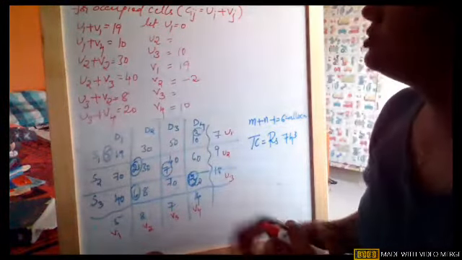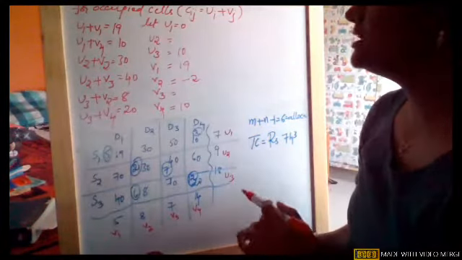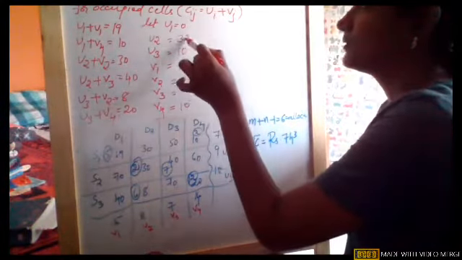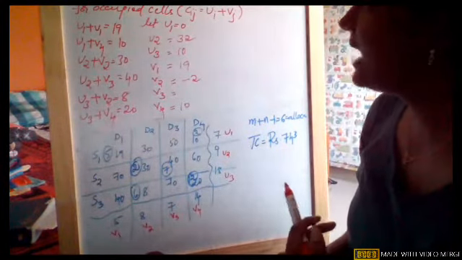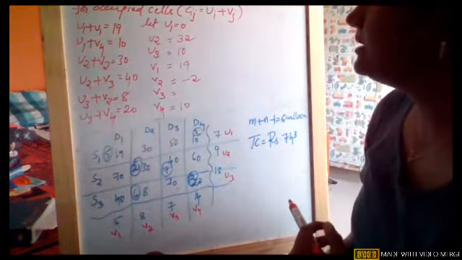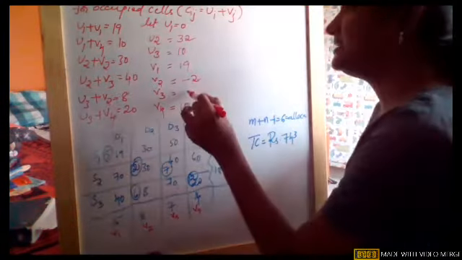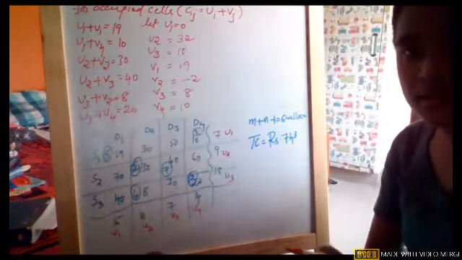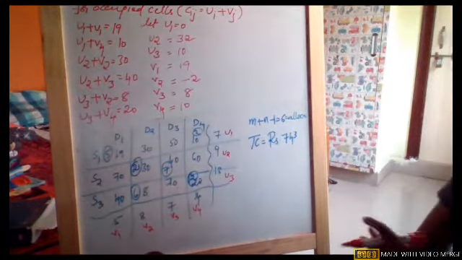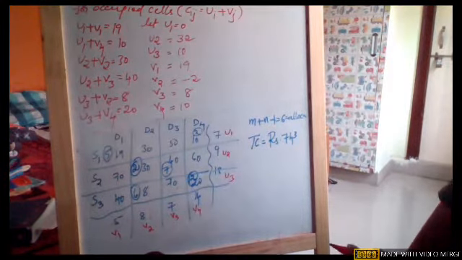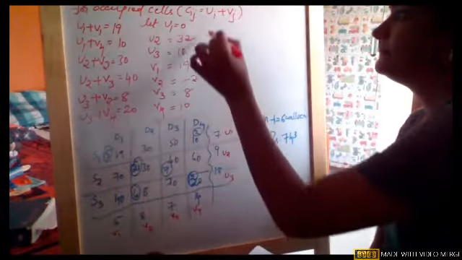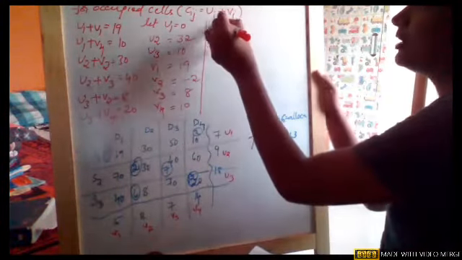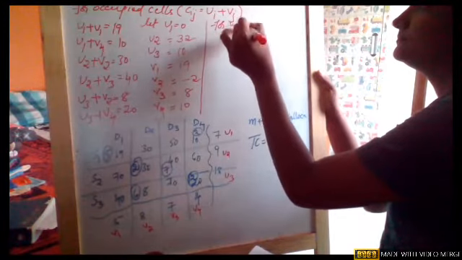As V2 is minus 2, U2 is 32. As U2 is 32, V3 is 8. Now we got all these values. Any doubt in this? Clear?